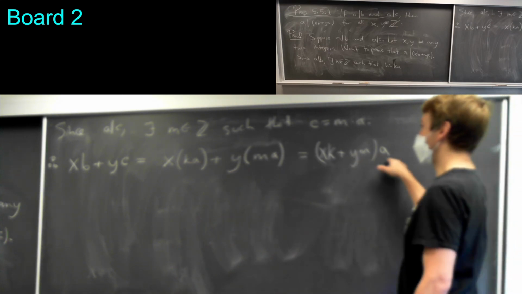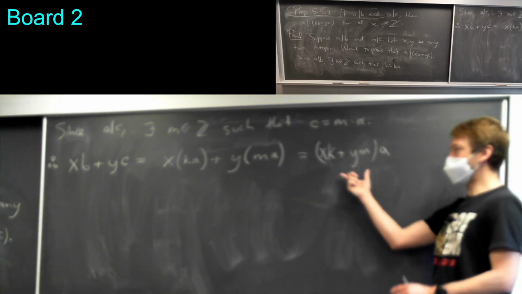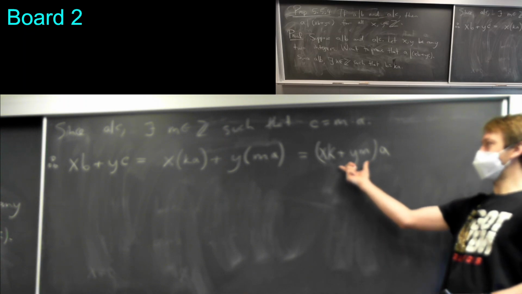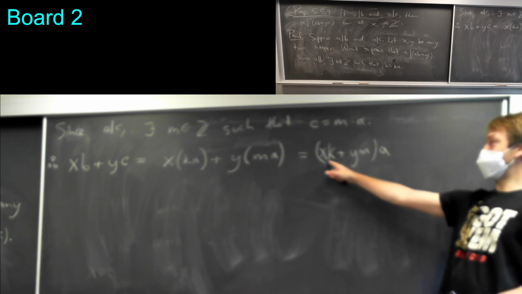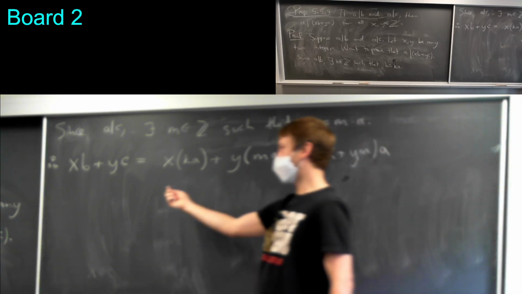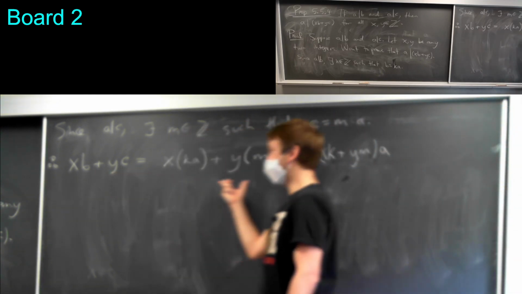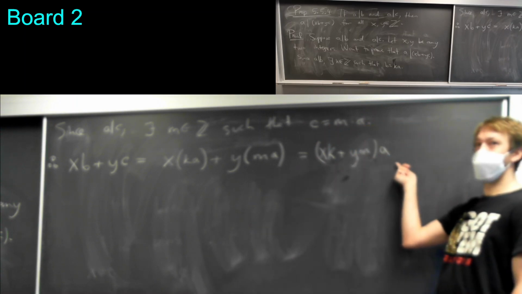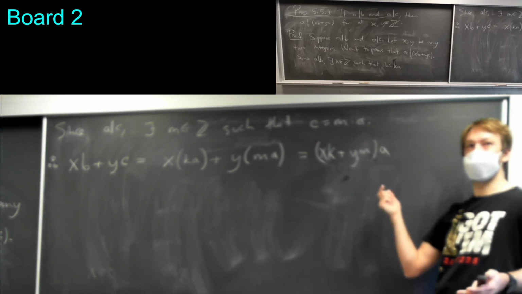Well, when I expand it, it's equal, but at this point I don't really even want to expand this. I just want to say that at this point, this is an integer times a. So we've demonstrated that xb plus yc is some integer times a. So it's a multiple of a, and that's what we wanted.